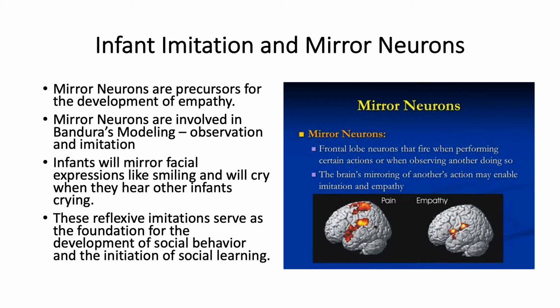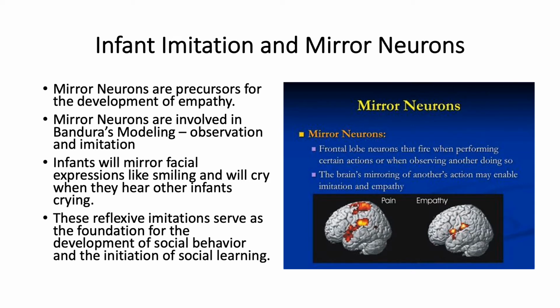So what purpose do mirror neurons serve? Well, first of all, like I said, they're precursors to empathy. That is, they begin to set up that interactive response between observer and modeler.